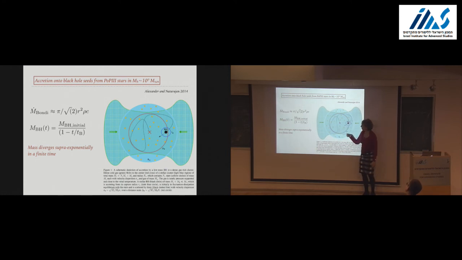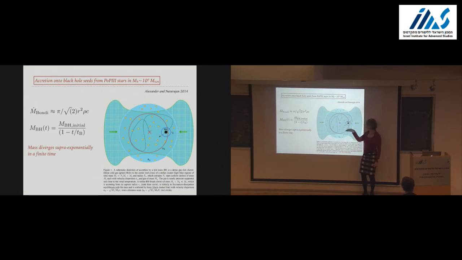So they work out the conditions for this to happen, that the circularization does not happen outside this radius, and for the gas not to circularize, but to fall directly into the black hole. And it turns out that that gives a limit to the mass of the black hole.